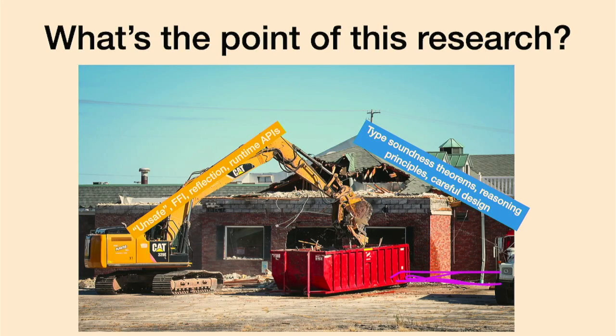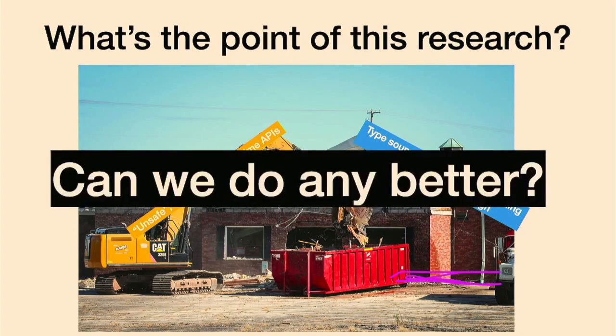They give us errors, they help us find bugs, but they only do that to the extent that we're not using these features that render those theorems completely useless, okay? And certain types of programs use more or less of that. And depending on how well tested that code is, you can trust it more or less. But those are a lot of caveats, okay? And so the question really is, can we do better? And obviously, I think the answer is yes, and that's what I want to talk about today.